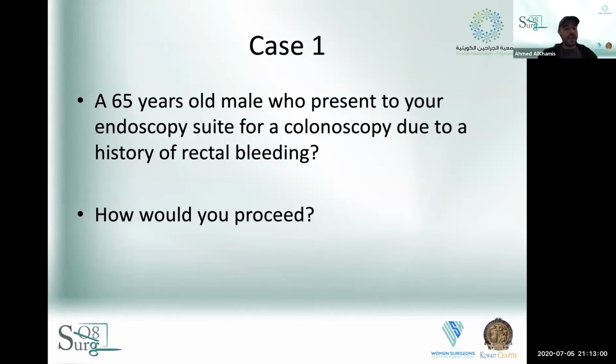Then, because you have bleeding, you are 65, and you never had a colonoscopy, I'm going to check from the history if they had one. Then I'm going to do my colonoscopy. So the question is how you proceed: you're going to do your colonoscopy. Let's see the next slide.